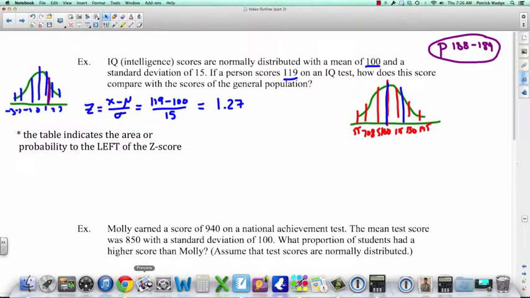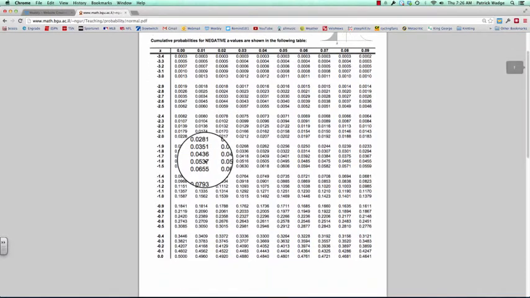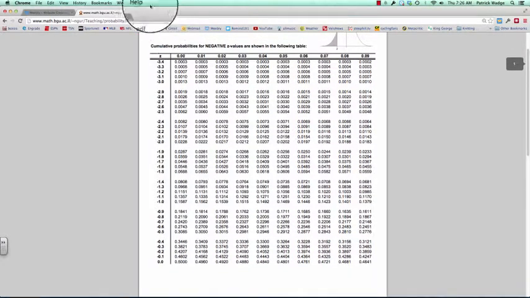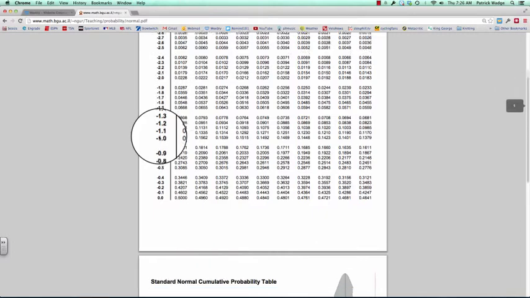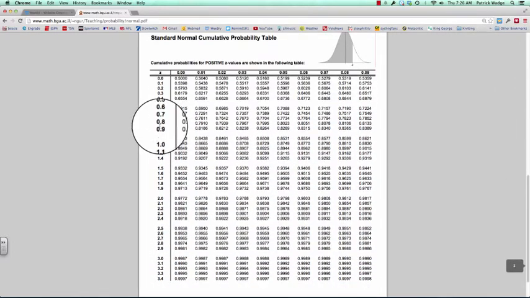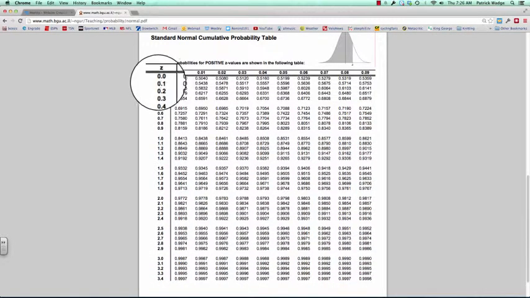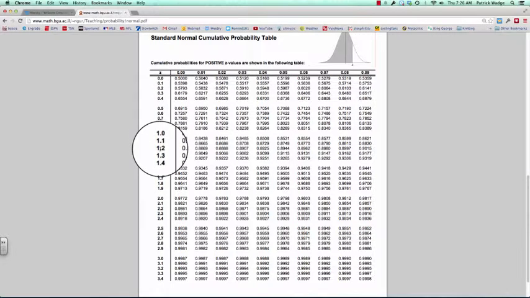I'm going to go to the table. Mine looks pretty much the same as yours. And what I want to find is 1.27, right? That was our Z-score. Well, first of all, you start by looking down this left column, and you can see they're all negative scores. So keep going, and when you get to the second page, you'll see some positive scores. And one of the scores is 1.2, but we want 1.27.